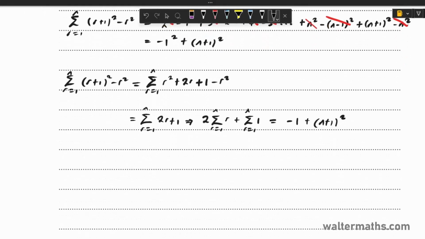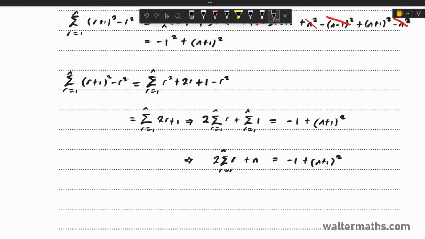All right. Now we can simplify what we have. So we can say here 2 times the sum from r is equal to 1 up to n of terms of the form r plus this here gives us n times 1, which basically is n. So that's all equal to minus 1 plus n plus 1 squared.